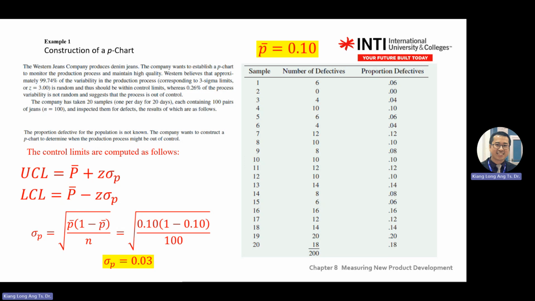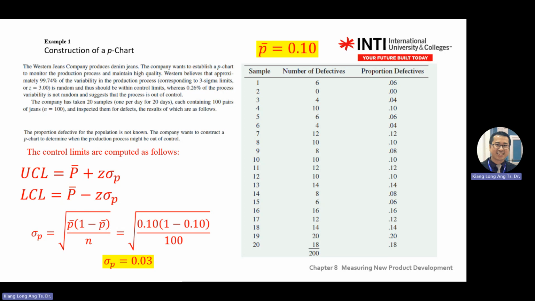So you need three important lines, which is the mean, or in this case, X bar or P, like I see on the screen. I will just write P because it's a P chart. Then you have two limits, which is an upper control limit and a lower control limit.